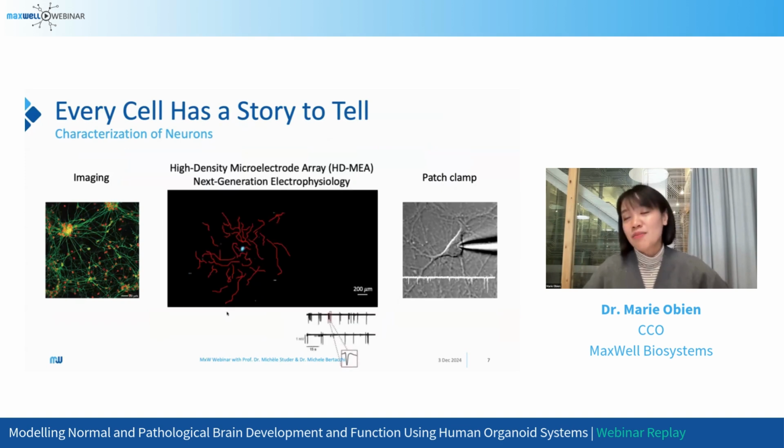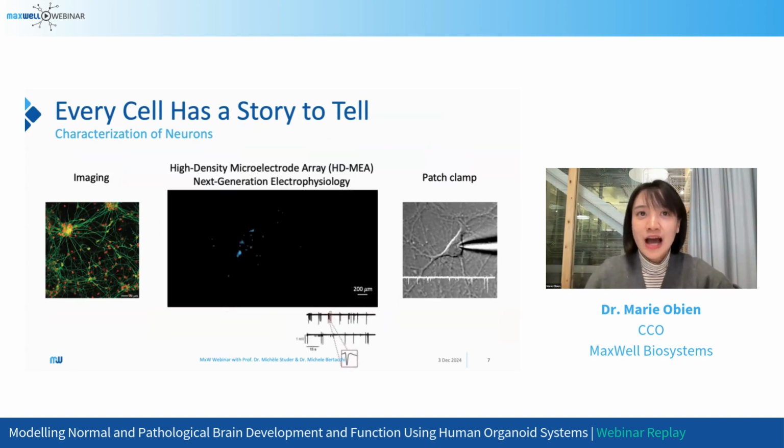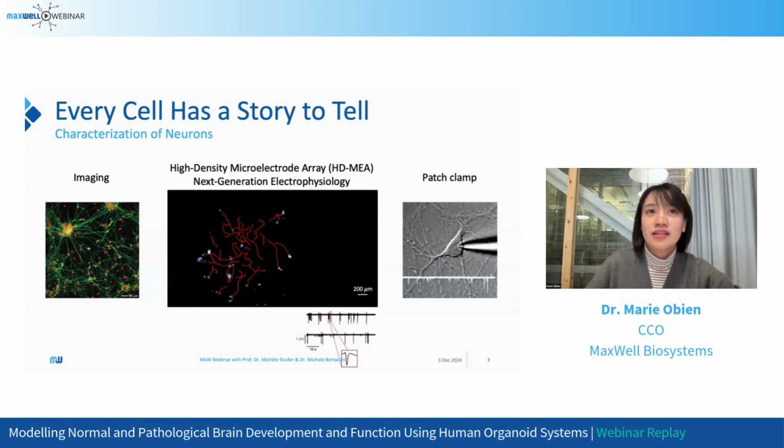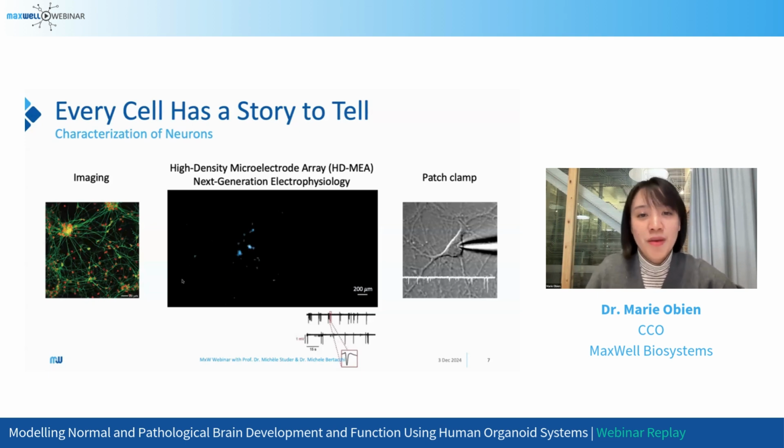These are high-density microelectrode arrays that allow us to capture the electrical activity of the neurons, but also to see how this signal propagates across all of its axonal arbors, such as what you can see here, an action potential initiating and propagating along the axons. In that sense, you are able to do electrical imaging using this technology.